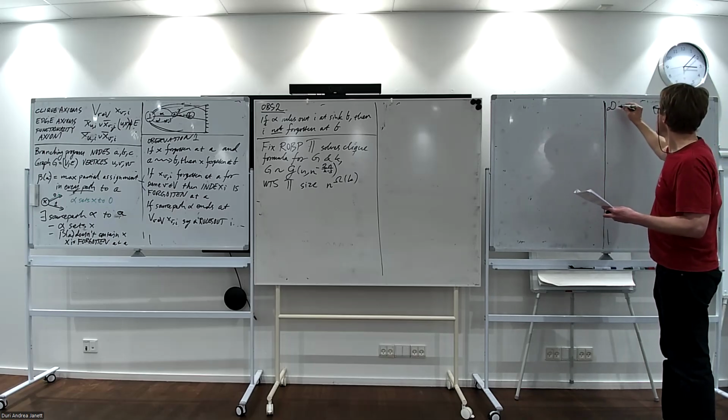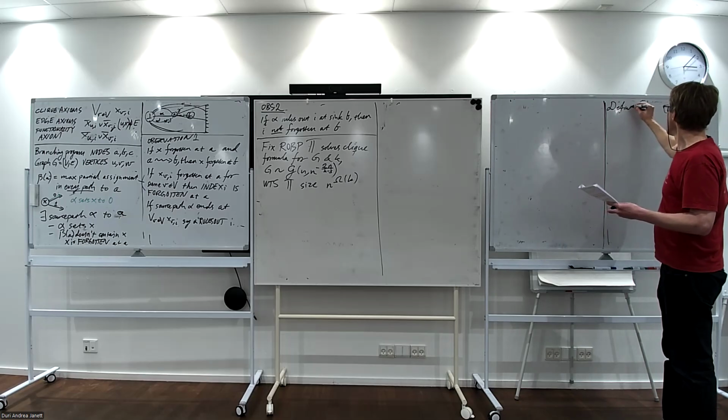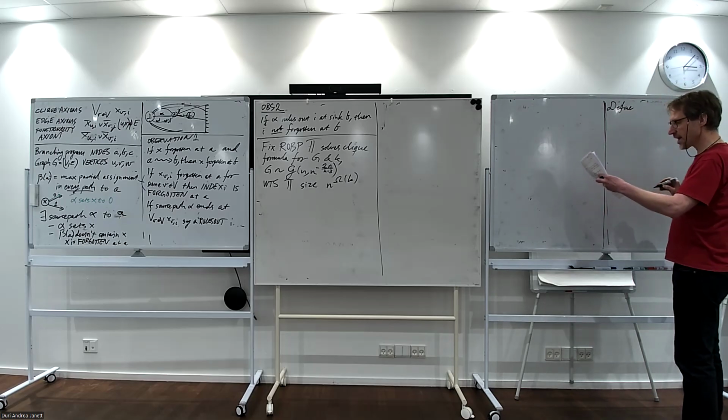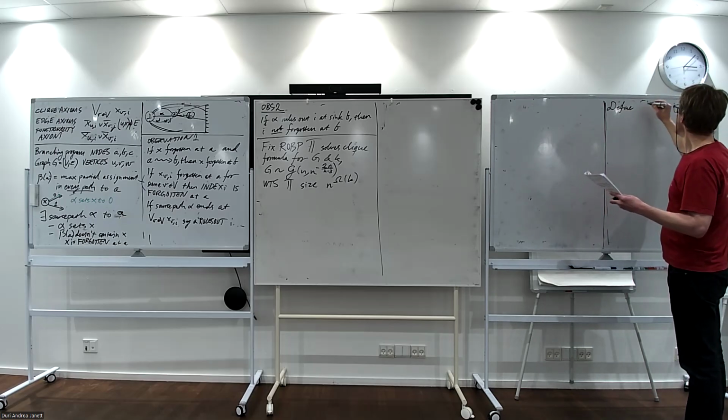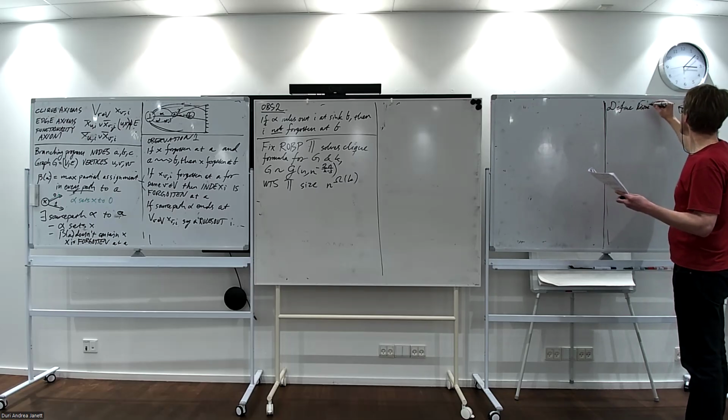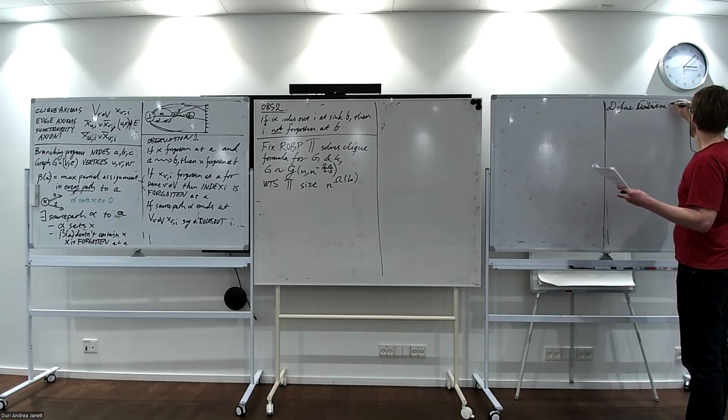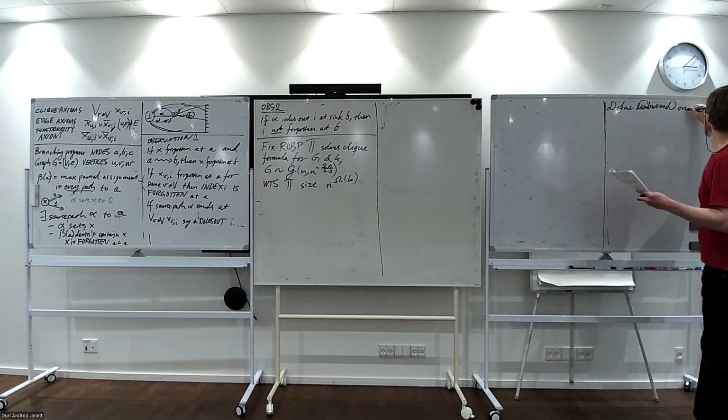We're going to define a distribution, calligraphic D, over paths.